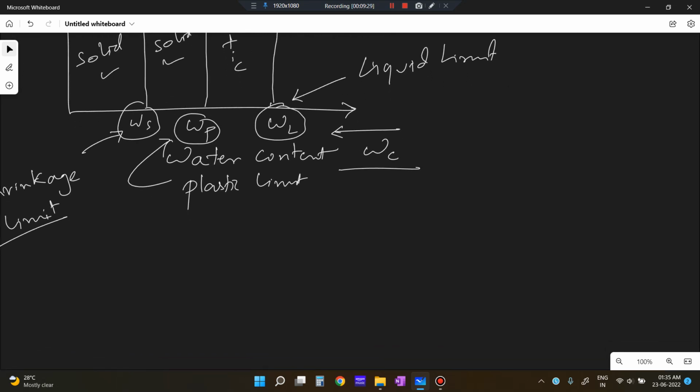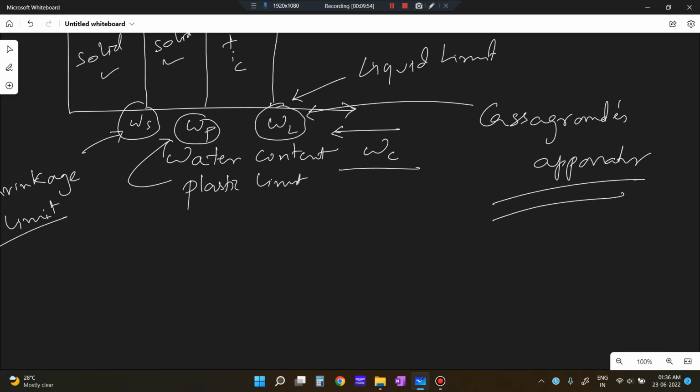Now this liquid limit can be experimentally determined using Casagrande's apparatus.